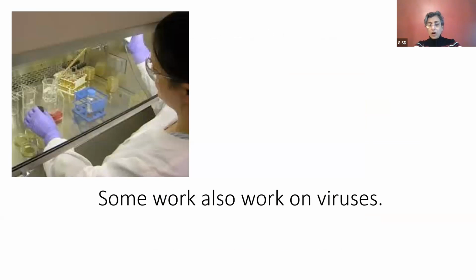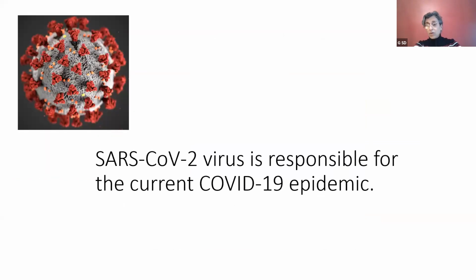And there are some who are also working on viruses. And I will segue into what is now going on, the pandemic COVID-19. This is not the topic I'm working on, but I thought I'd give you a brief understanding of where we are in this pandemic and what causes it and how they have come about developing the vaccine.